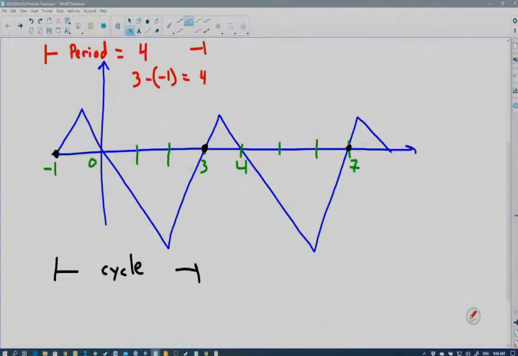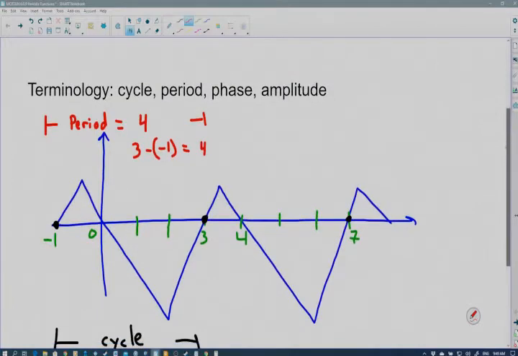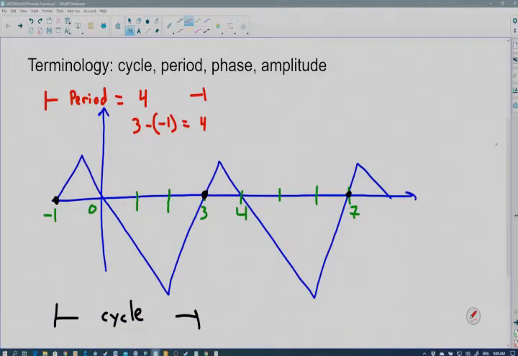So in a sentence, I could say, draw 3 cycles of a graph that has a period of 7. The word cycle means how many pictures you're going to draw. The period tells you how long it takes on the x-axis before one of the pictures repeats itself. So it's a very similar thing, but they are two different words, okay? And they represent two different things.